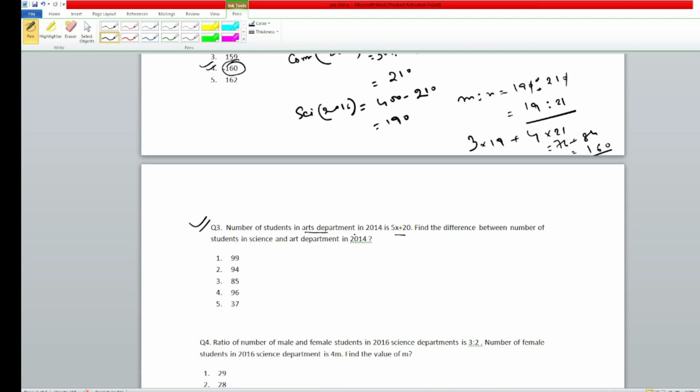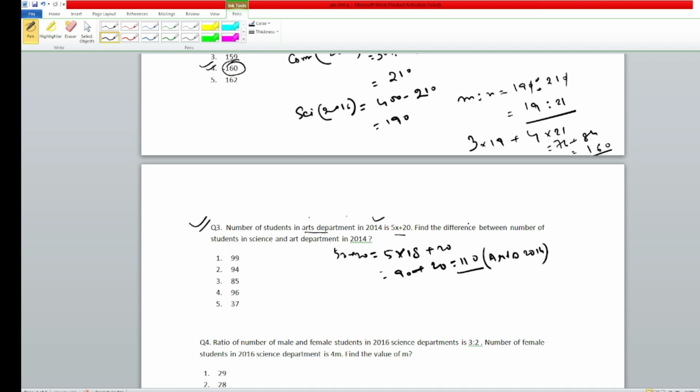So if we put this value of x in the expression, 5x plus 20 is equal to 5 into 18 plus 20. It is 90 plus 20, which is equal to 110. So the number of students in the arts department in 2014 is 110.